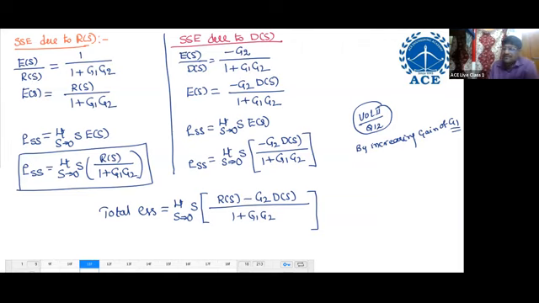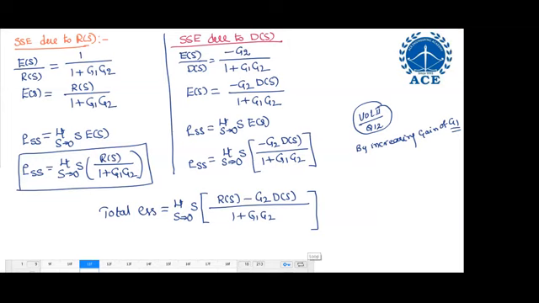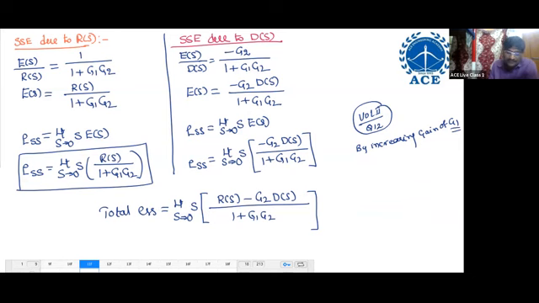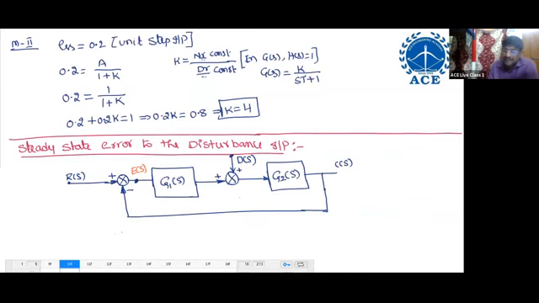Venkatesh, what is the doubt? Sir, in the loop, is it 1 plus G1 G2 or 1 minus G1 G2? Why is there minus, sir? This minus sign will come here. One opposite sign.